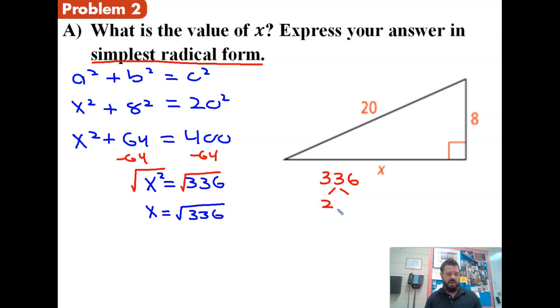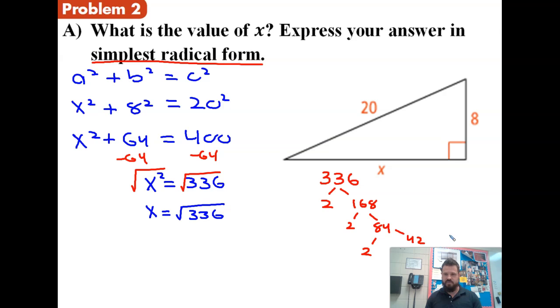Okay, when I divide by 2, I end up with a 168. So now 336 is equal to 2 times 168. And I can break 168 down. I know it's even, so I'm going to divide that by 2. When I do that, I get 2 times 84. All right, 84 is even as well, so I'm going to divide by 2. We'll get 2 times 42.